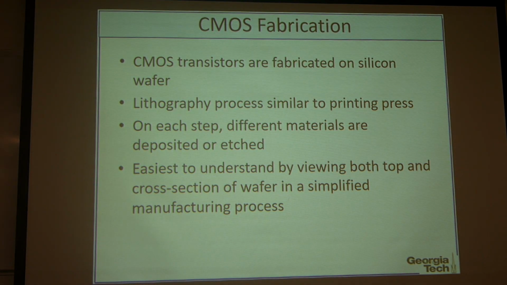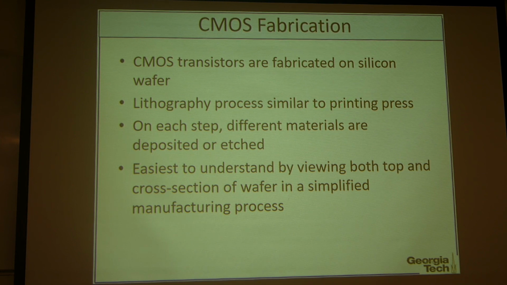So before getting into details, I'll point out the most critical parts in the fabrication process. The transistors are made in the beginning on the silicon wafer, and in each step, different materials are deposited and then etched after the photolithography process, which is similar to a printing press.